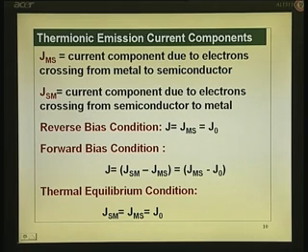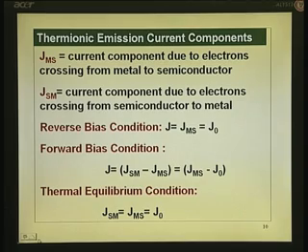Forward bias condition, the JMS remains the same, that is J naught. J is actually J naught, which is flowing from semiconductor to metal due to transport of electrons from metal to semiconductor, and JSM is due to, I think this is the other way, I think this is a mistake here.